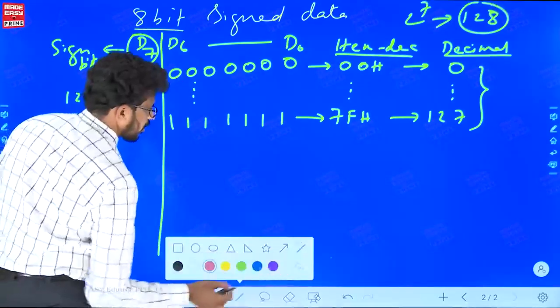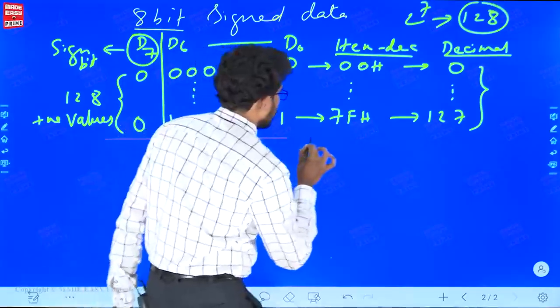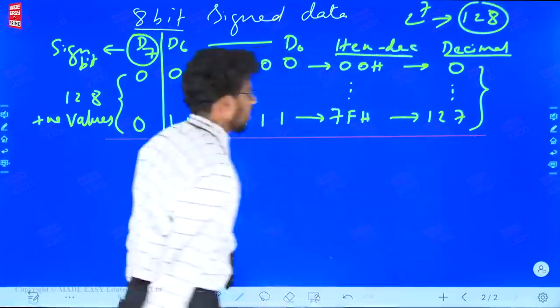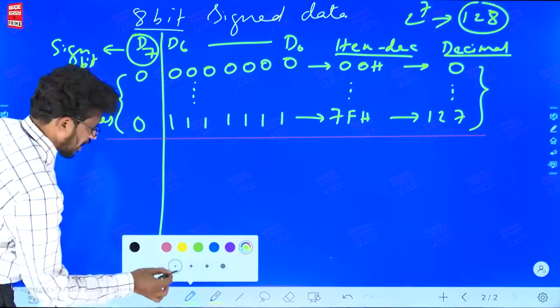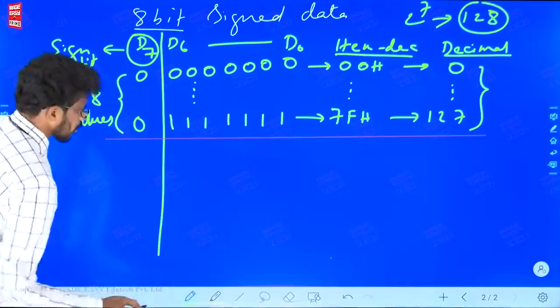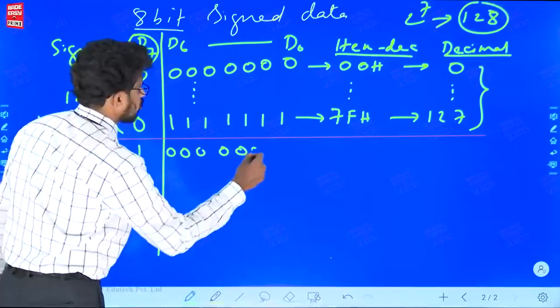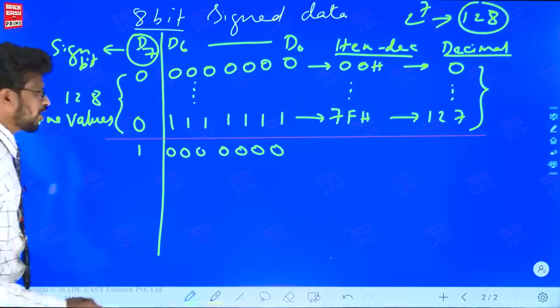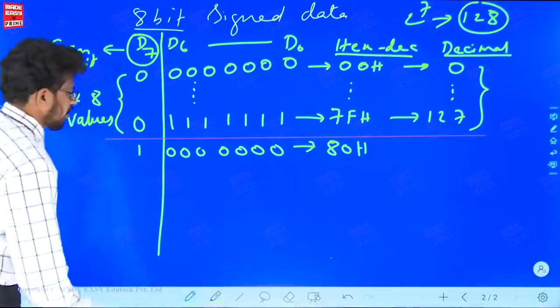I am just placing one line here so that you can understand easily. Right. Now come to the point. Say I have taken 1 0 0 0 0 0 0 0. Tell me, what is the equivalent hexadecimal value? 80H. 80H.